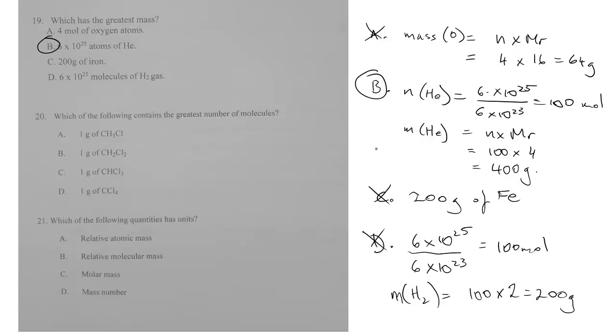So question 20, which one of the following contains the greatest number of molecules? Okay, so we're going to have to find the mole of each one of these. So the mole for CH3Cl is 1 gram divided by the molar mass.